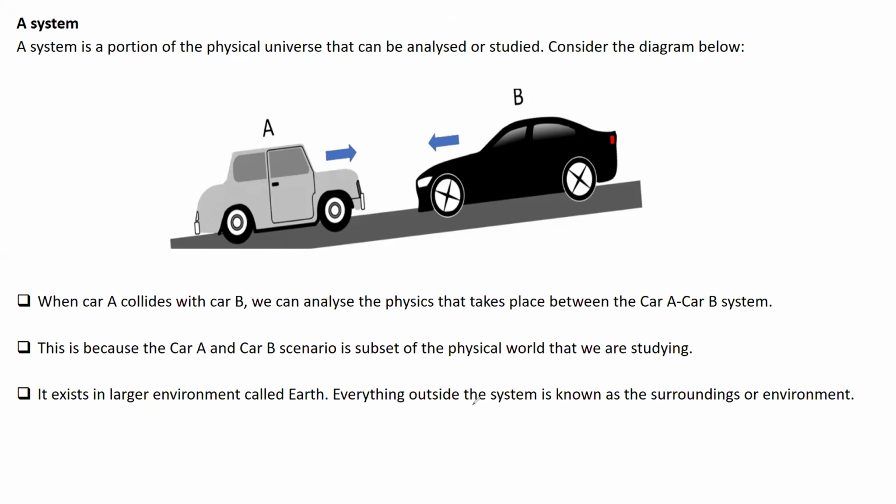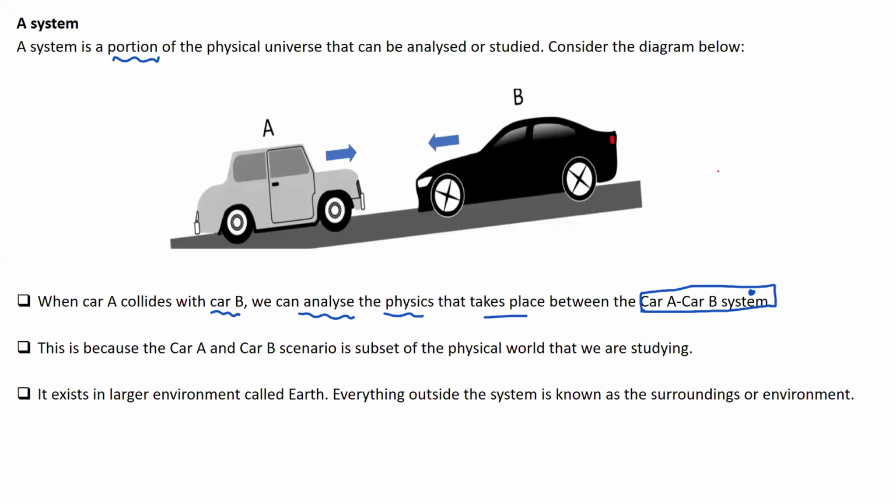We can come up with physics principles from what is occurring between car A and car B. This is why I said that when car A collides with car B, we can analyze the physics that takes place between car A and car B. What? A system, a portion of the physical universe that can be analyzed or studied.